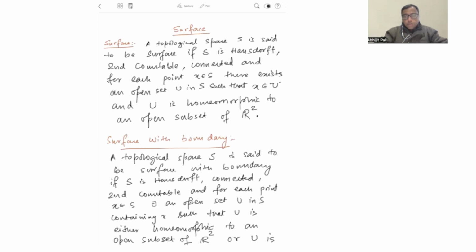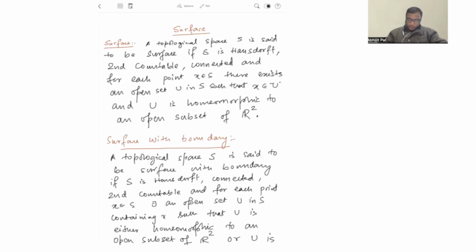So if it is locally homeomorphic to R2, then we call that a surface. This is my definition of surface.